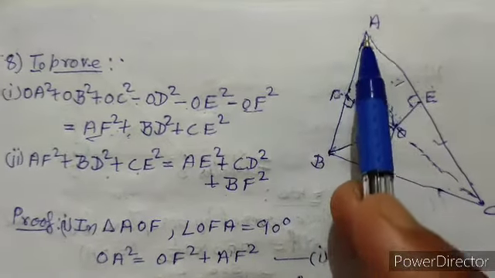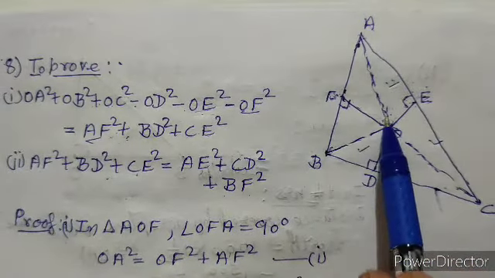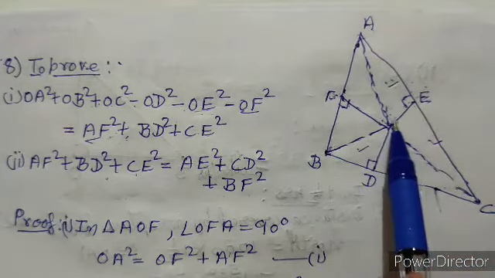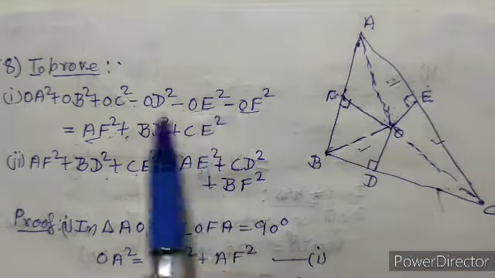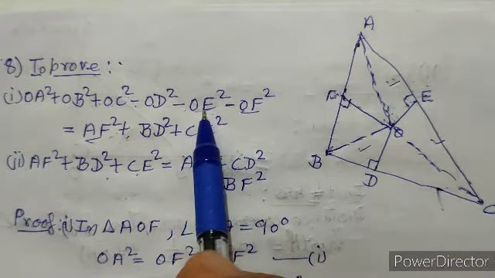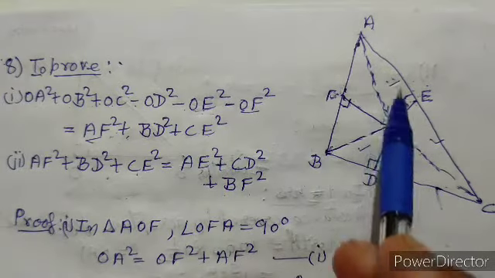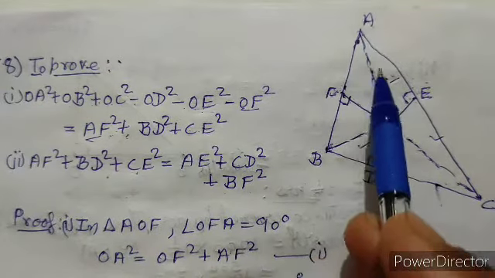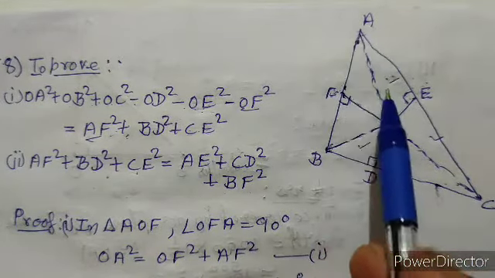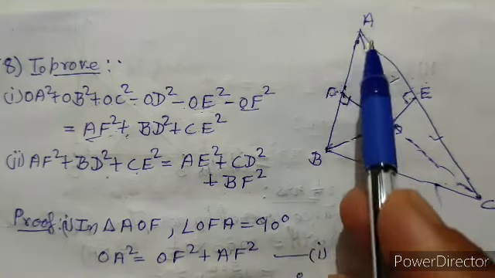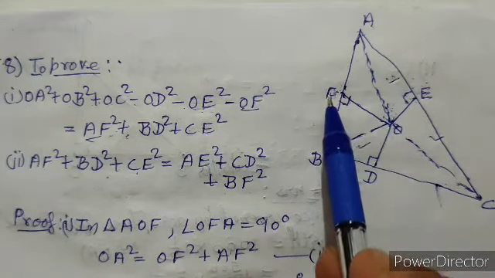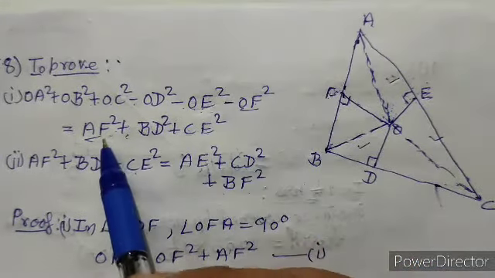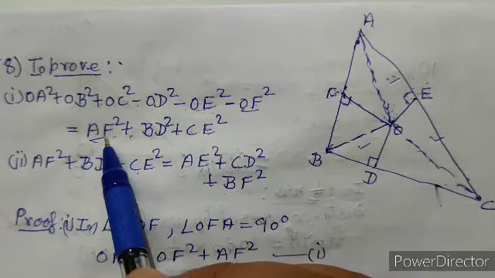If you find the value of OA square from triangle AOE, then we will get OE square and AE square, and here OE square is in the proof whereas AE square is not, so we will not take triangle AOE. If we find the value of OA square from triangle AOF, then we will get OF and AF, and OF and AF are in our proof, so we will take triangle AOF.